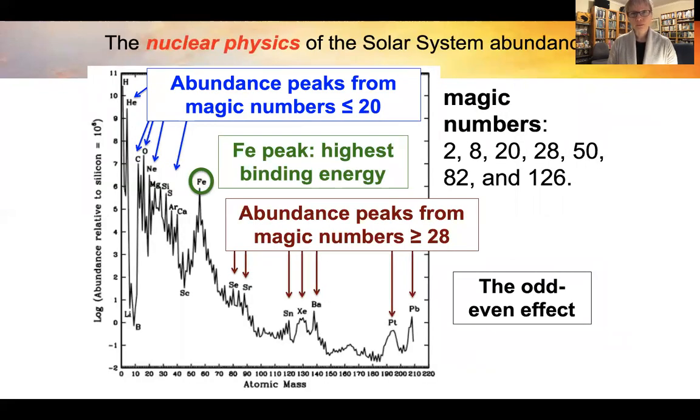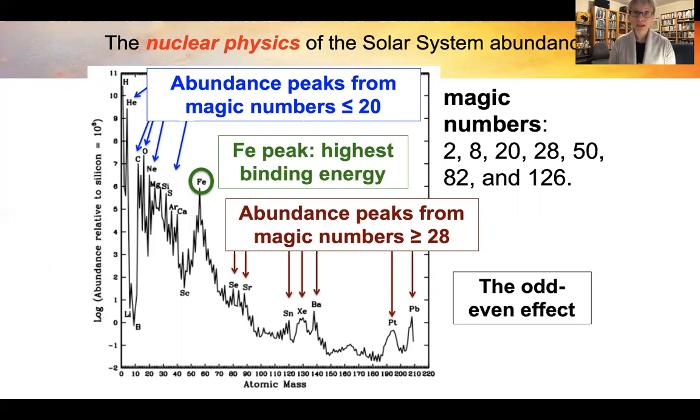Okay, so what are the consequences of this? First of all, let's go back to our abundance distribution in the solar system. Again, let's not worry about the peaks less than iron. We have the iron peak as a high binding energy. We have abundance peaks from magic numbers less than iron, so these are less than or equal to 20. But you also notice that there are peaks at selenium, strontium, tin, xenon, barium, platinum, lead.